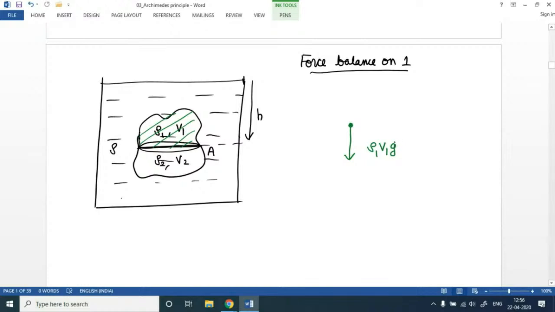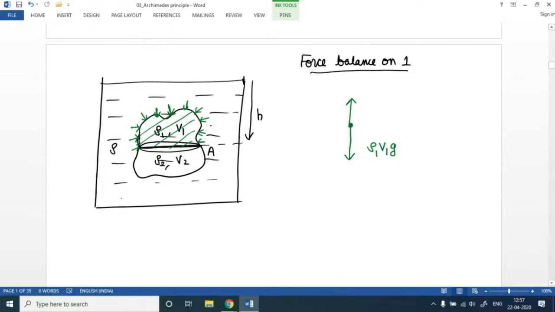Now, the upper part of this solid is in contact with the liquid, and the liquid is applying force on it from all around. Will this force be equal to rho1 V1 g? No, that will not be the force.